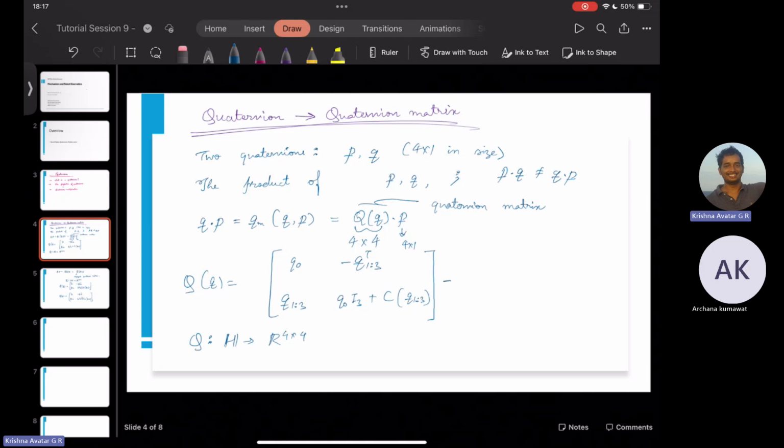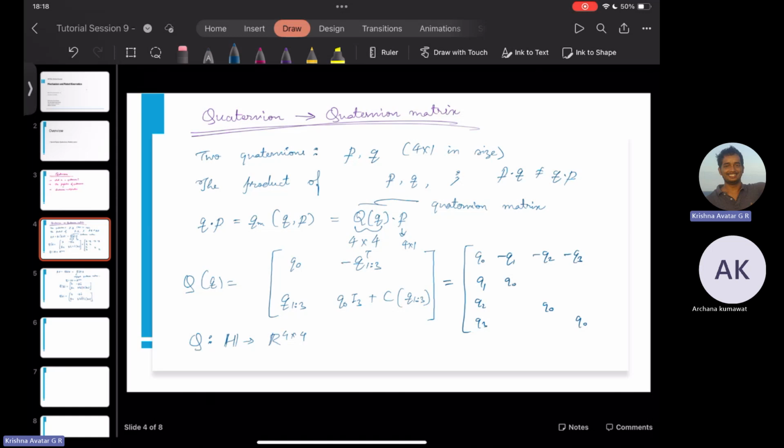This can be written as Q naught, minus Q1, minus Q2, minus Q3, then Q1, Q2, Q3, and then of course Q naught times the identity, and then the skew matrix, or what we call the cross product matrix, where Q vector 1 to 3 is a vector.